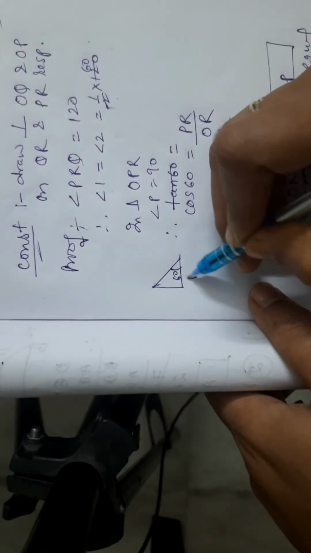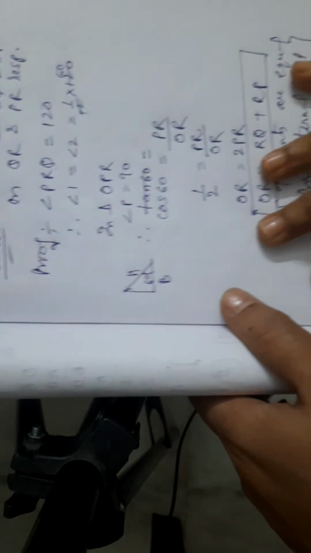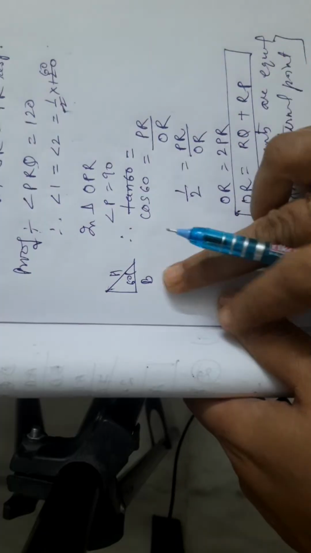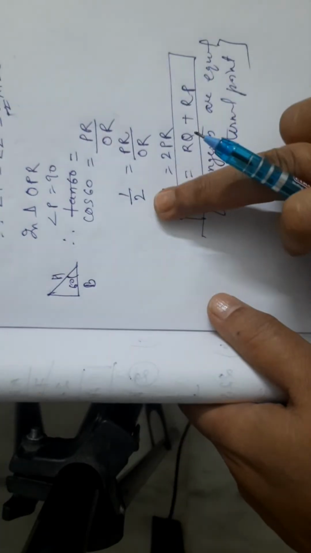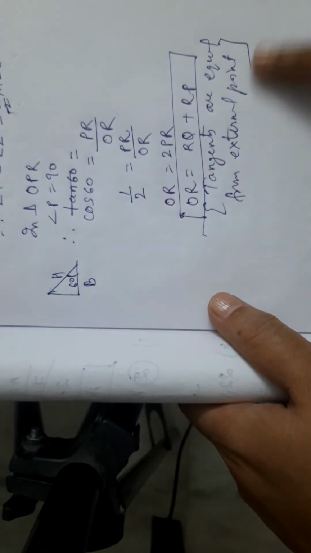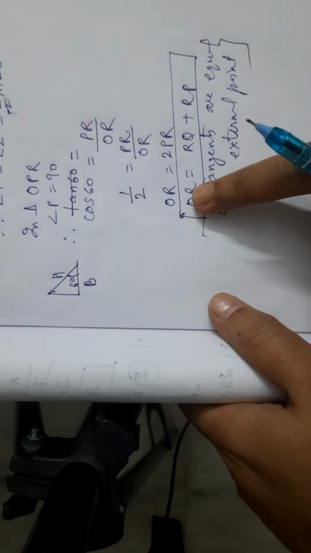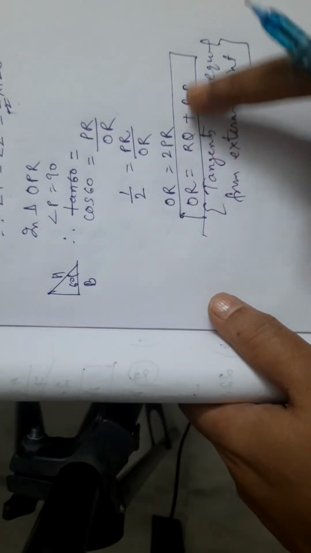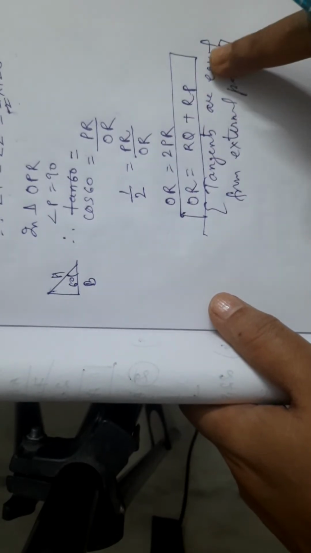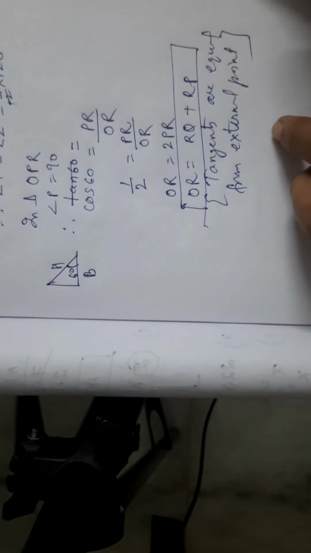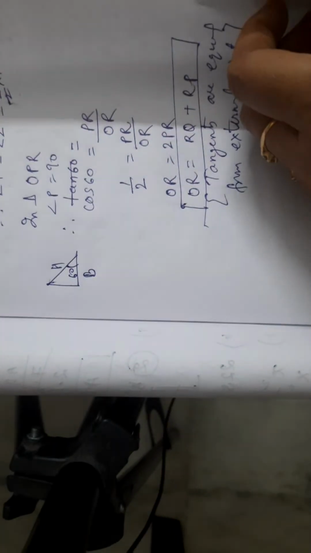I took the relation of base and hypotenuse, which is nothing but cos. Cos 60 is PR upon RQ. Cos 60 value is half. Then we had cross multiplication and finally we calculated OR as 2 times PR. Then we can split PR as RQ plus RP as tangents are equal from an external point.